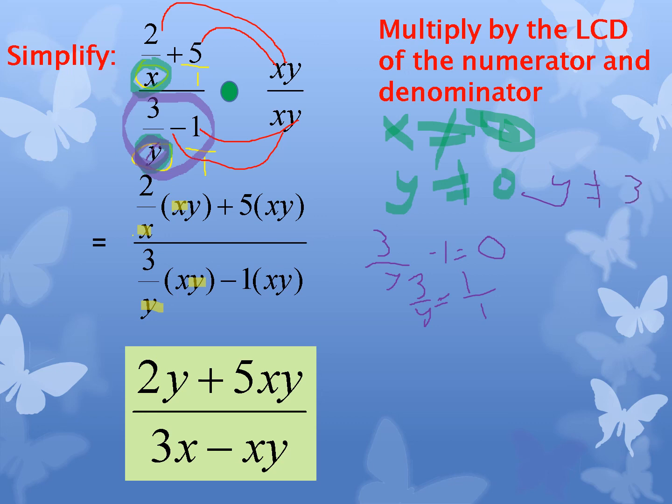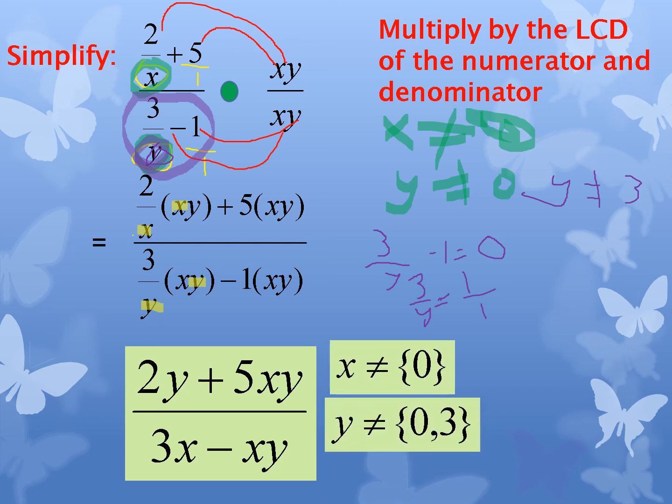Because look here, if y was 3 right here, this would give me 3 over 3, which is 1. 1 minus 1 is 0. So that's how we figure out the variable restrictions. So we get that x cannot be 0 and y cannot be 0 or 3.